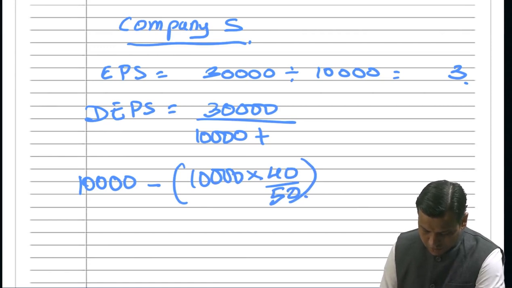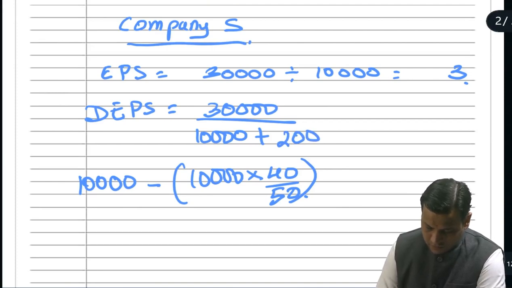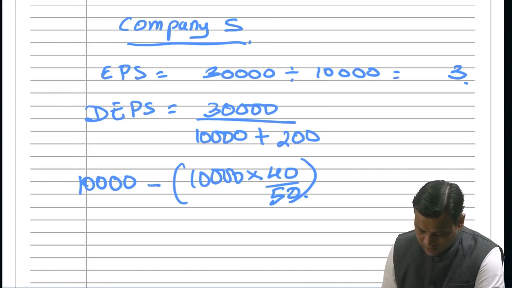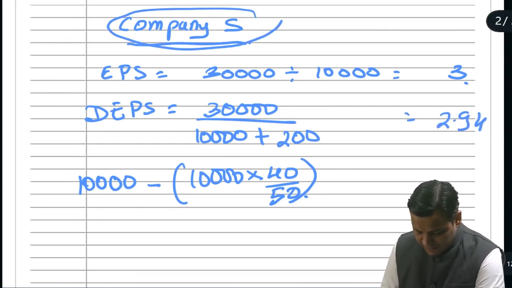It comes to 200. 30,000 divided by 10,200. So my dilution is 2.94. This is for company S.